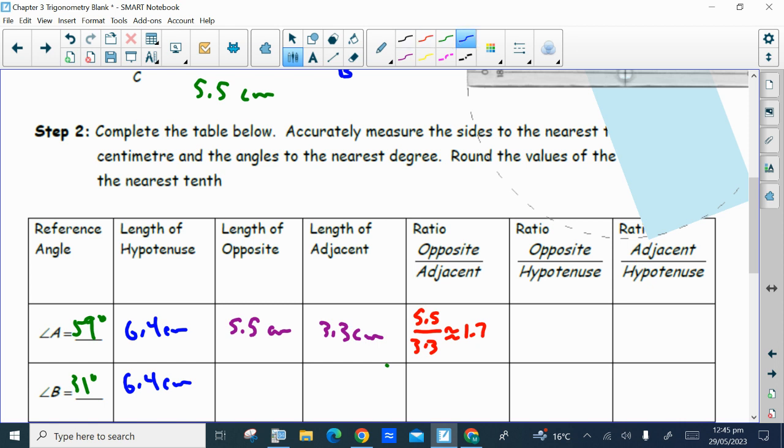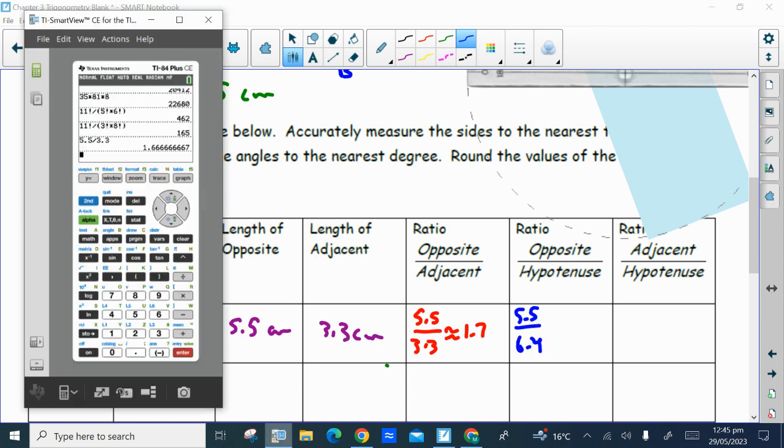Then it asks us to take the length of the opposite and divide it by the length of the hypotenuse. So that'll be 5.5 over 6.4. 5.5 divided by 6.4 is 0.9 if we round to one decimal, approximately.